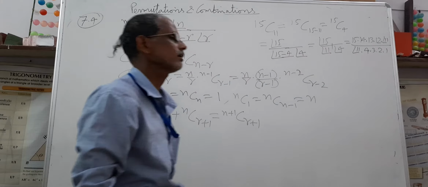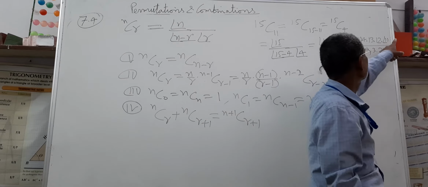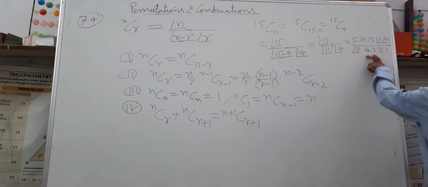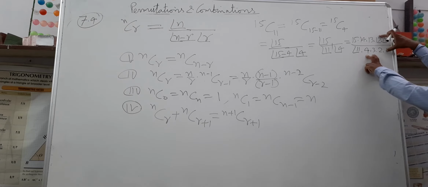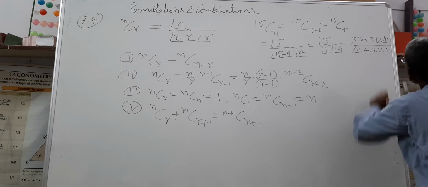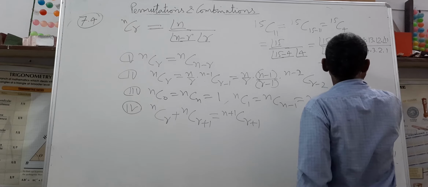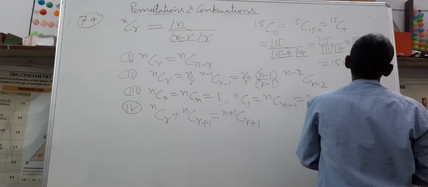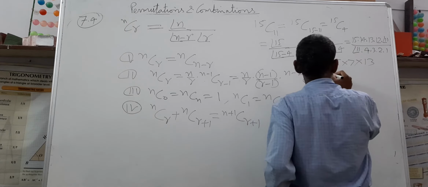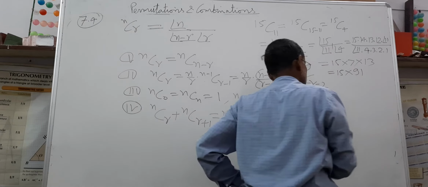Expanded form of factorial 4. Factorial 11 gets cancelled. 4 times 3 cancels 12. 2 times 7 is 14. This becomes 15 into 7 into 13, is equal to 15 into 91.